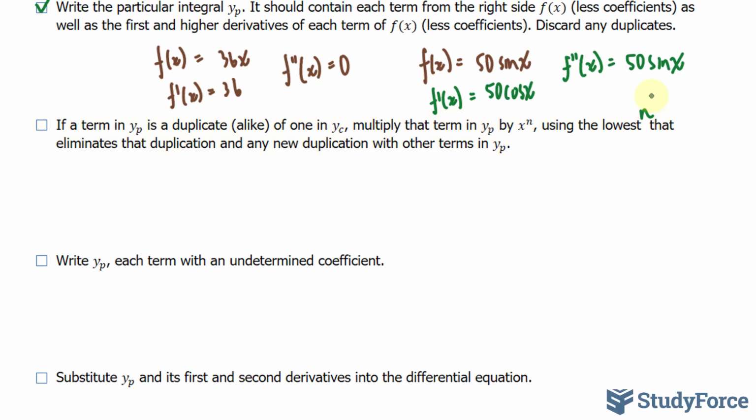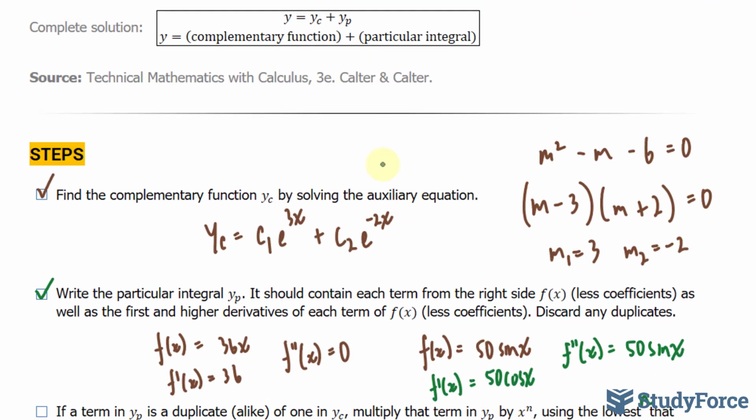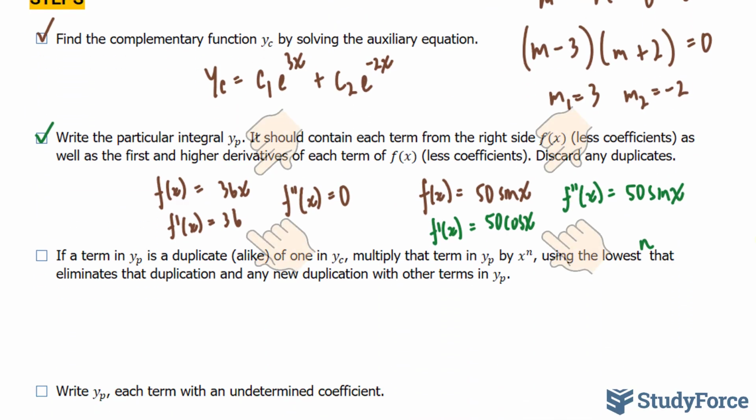Comparing the terms from yc and these possible terms that will form y subscript p, we see that no term in y subscript p is a duplicate or alike in one in y subscript c. Take a look. This is y subscript c, and these are the values for y subscript p. Step number 3 is done.